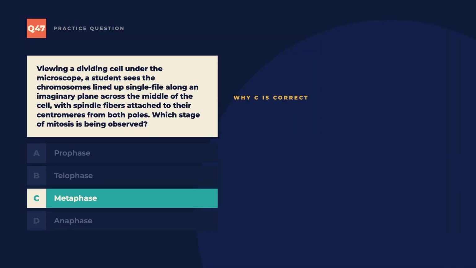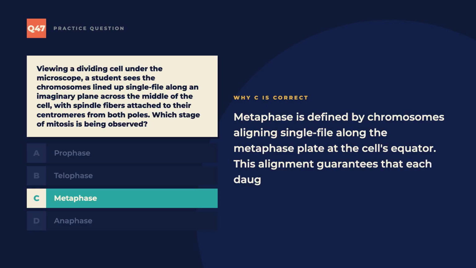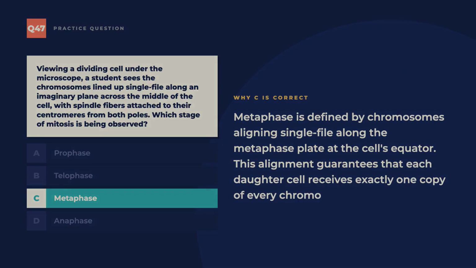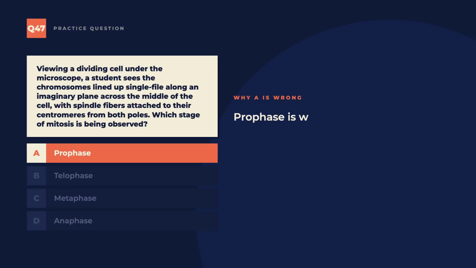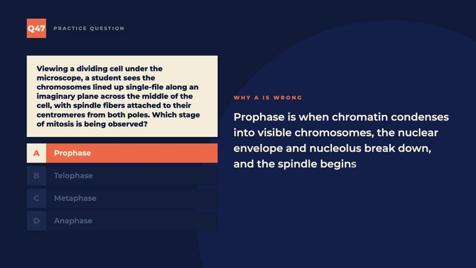Metaphase. C is correct because metaphase is defined by chromosomes aligning single file along the metaphase plate at the cell's equator. This alignment guarantees that each daughter cell receives exactly 1 copy of every chromosome once the chromatids separate. A is wrong because prophase is when chromatin condenses into visible chromosomes. The nuclear envelope and nucleolus break down, and the spindle begins to form.